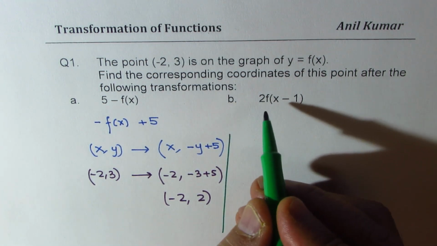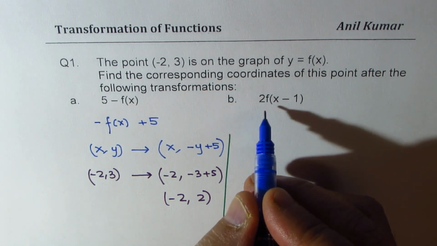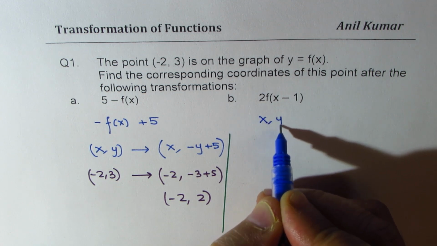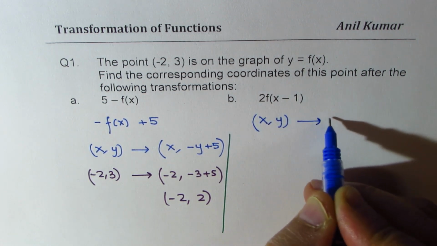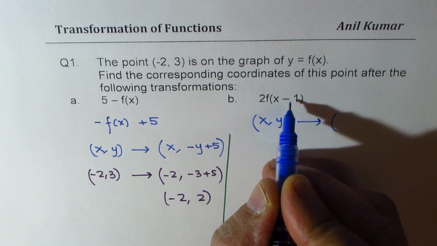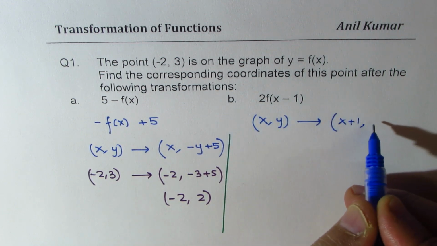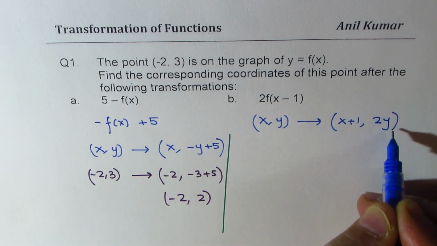where we have 2 times f(x) - 1. Now in this case, for the coordinate points (x, y), the x value has to be added by 1. It is translated 1 unit right. So it will be x + 1. The y value will be 2 times the original value.